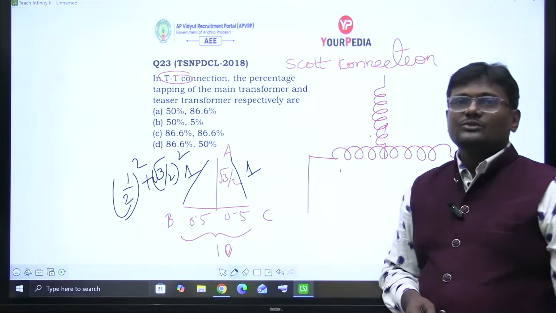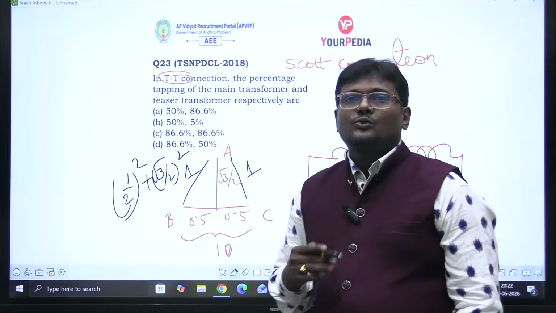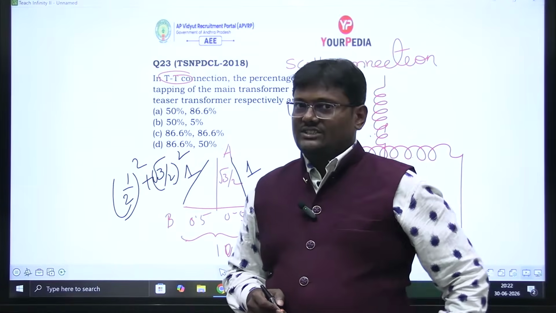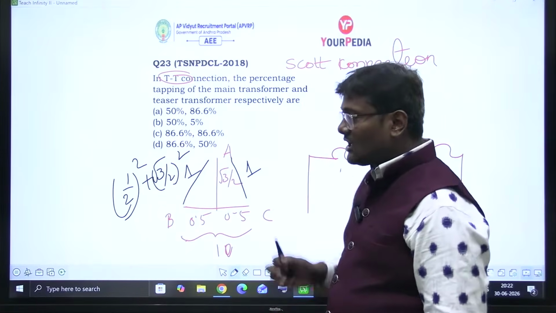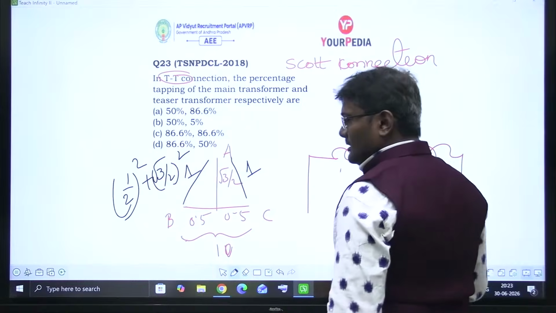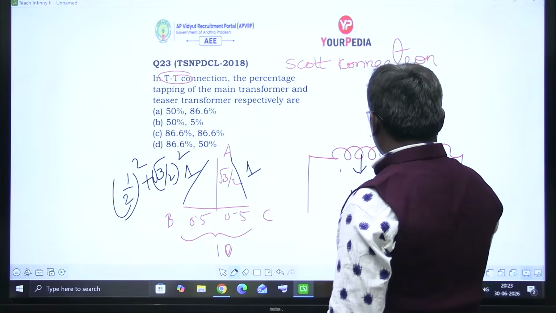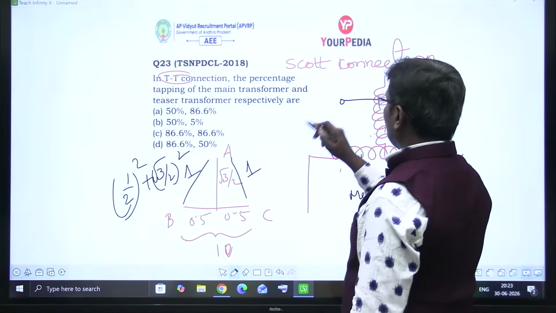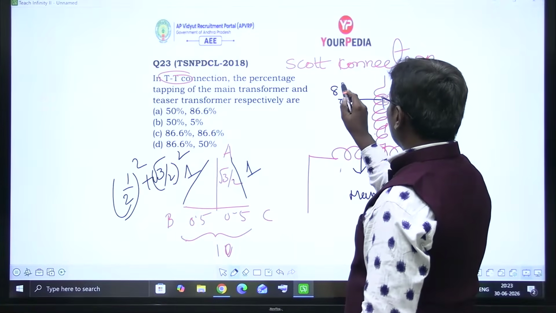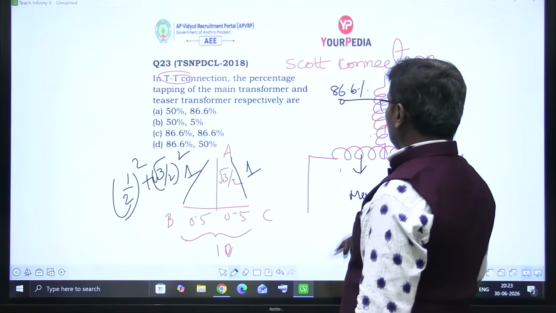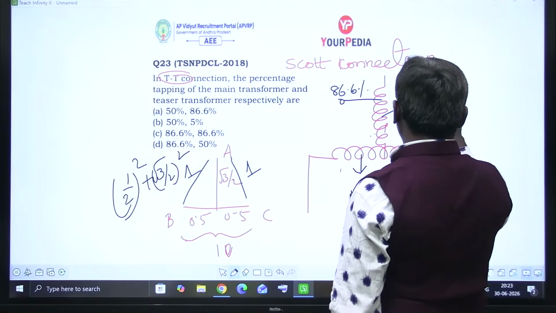From 2 phase to 3 phase supply, 3 phase to 2 phase, we can use this Scott connection. There are two transformers used here. One is the main transformer, and this is root 3 by 2, which means 86.6% only. This is called the teaser transformer.